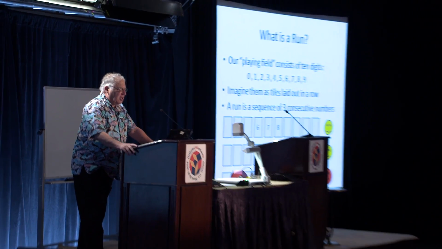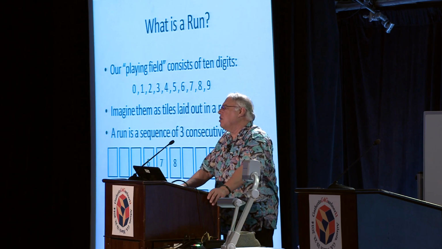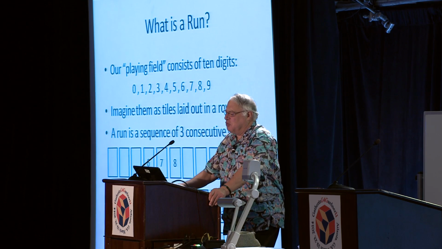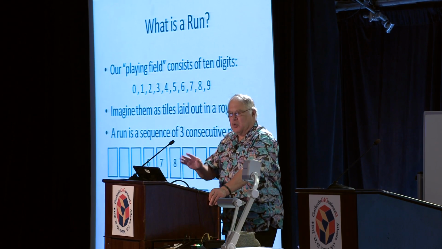This game can be played in China, Japan, and Israel without any bias. But be careful when you're doing this, that's not a run, okay? And it's not a run because 6 does not come between 4 and 5. So you have to be a little bit careful when you're doing this with 8-year-olds to make sure they understand what a run is.